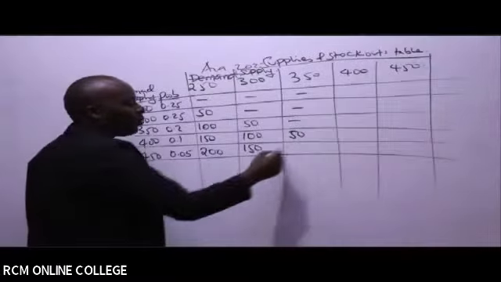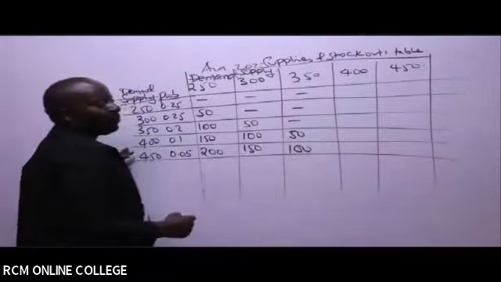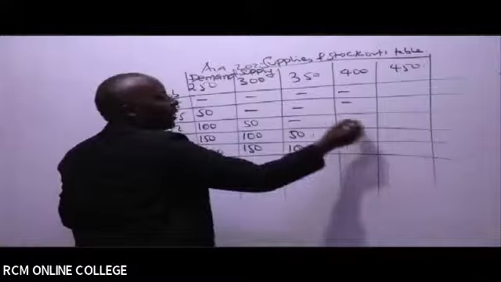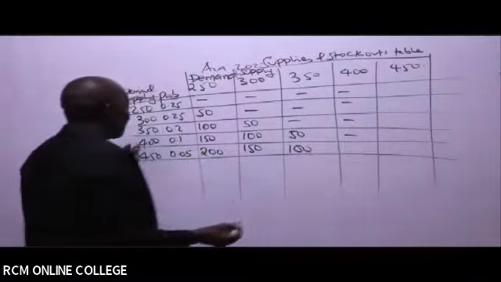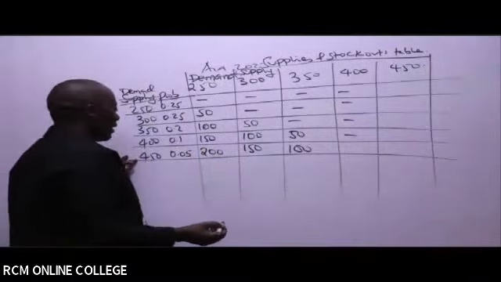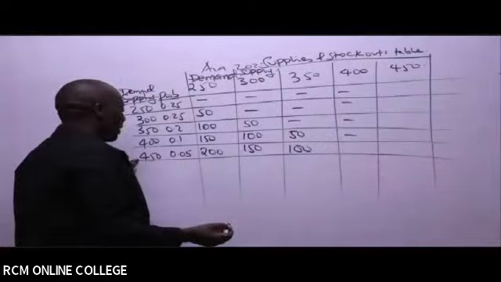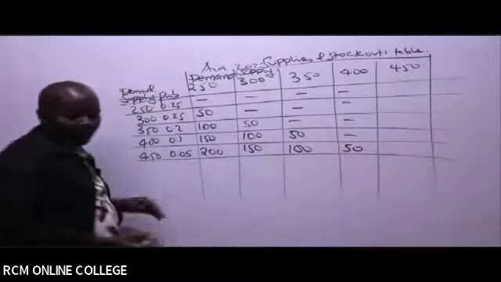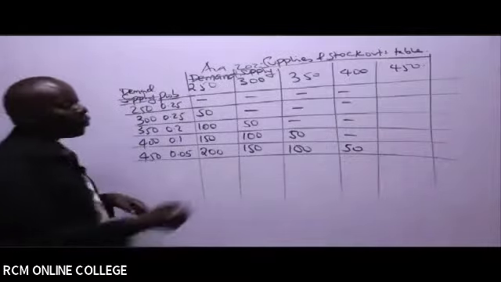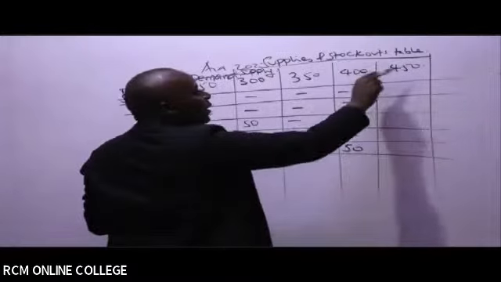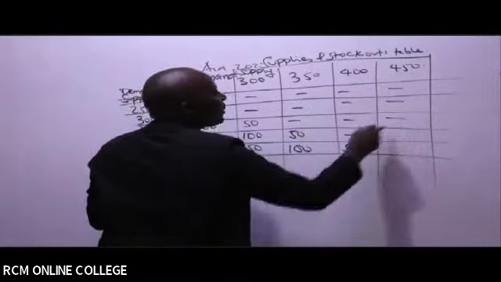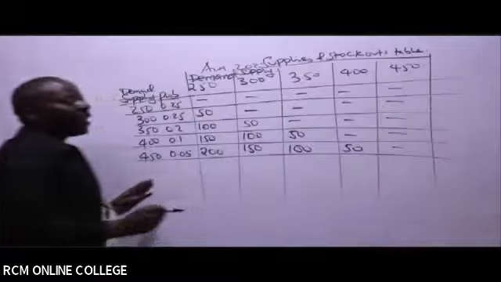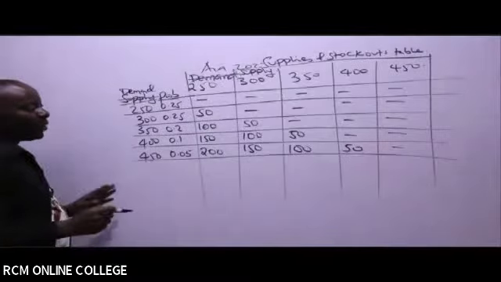Here, I will disappoint 100. And here, 450 versus 400, I'll be able to disappoint 50. And then, of course, if I decide to bring 450, the highest, I will never disappoint anybody.